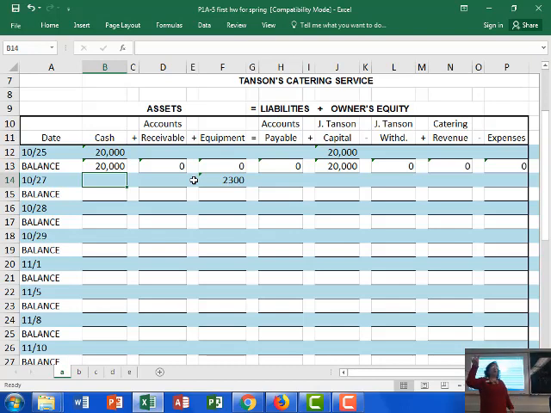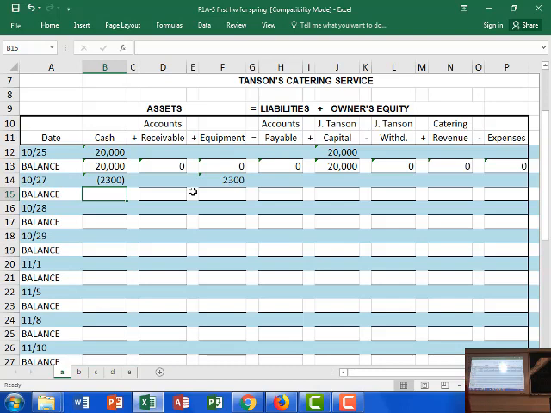So here, how are we going to make sure that it's a minus? You can do it 2 ways. You can either put a negative sign, or easier is to put in a parenthesis. That'll show that you're supposed to deduct that money from the cash account. So let's bring down now our new balances. We're subtracting, and this is where you can use your phones, because they should have a calculator. If not, get a calculator, one with big numbers. We're going to decrease the cash account by $2,300.